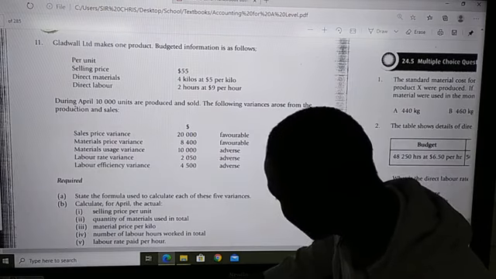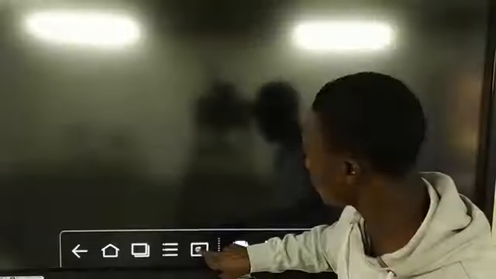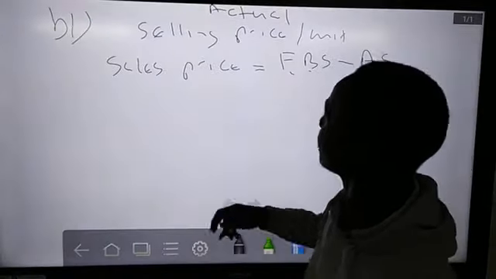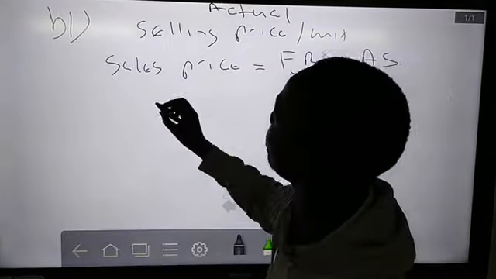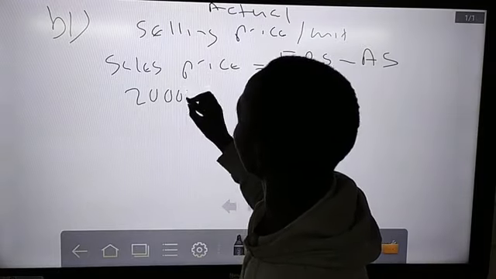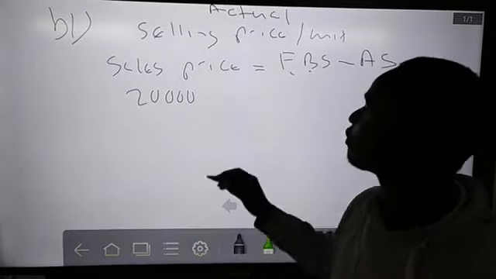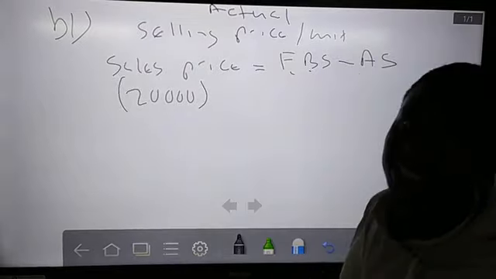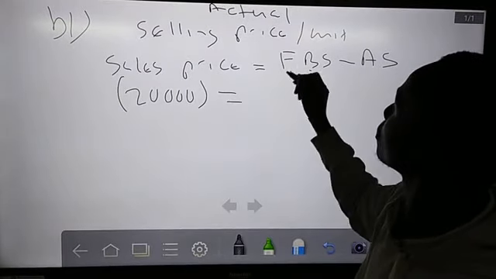Let's substitute those figures. Instead of writing sales price, we are now putting 20,000. And they said it's favorable. So favorable means it's a negative. Equals FBS.